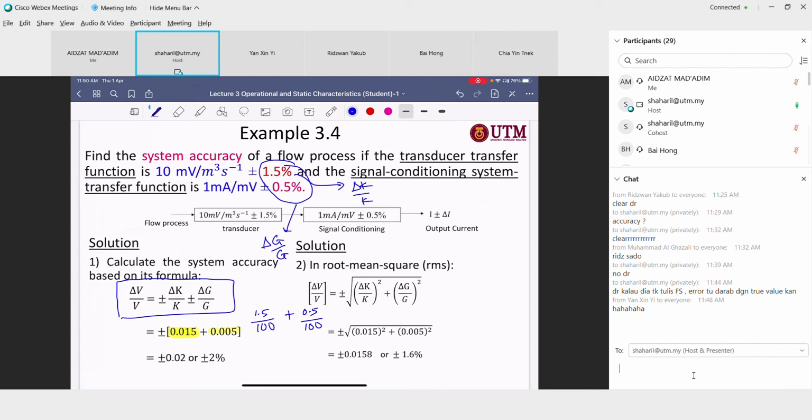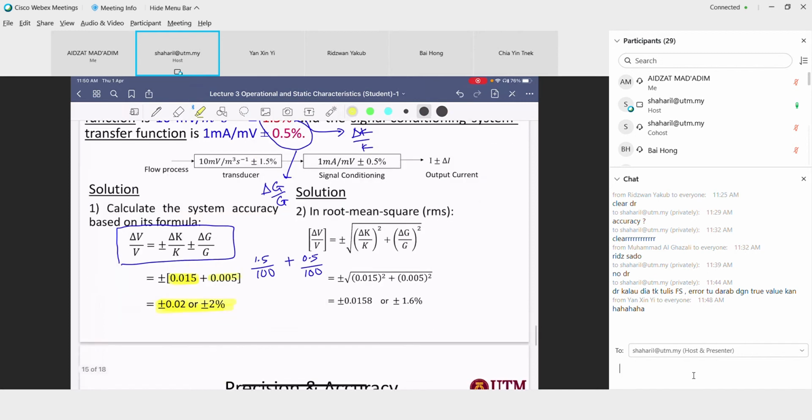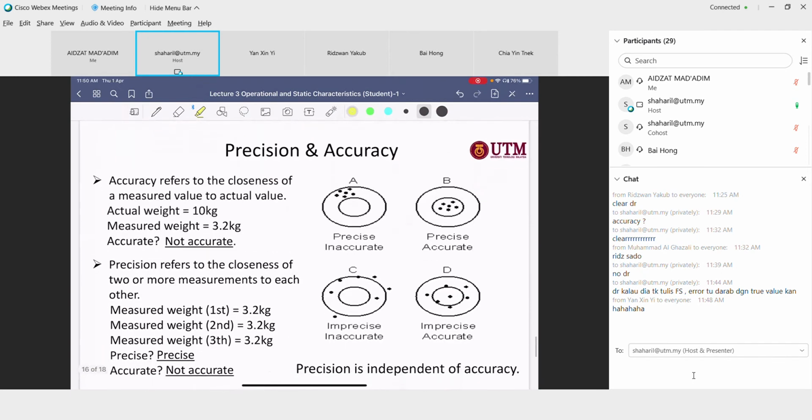Now we get the system accuracy of your system is around 2%. For the root mean square, you can straight away use that formula. I don't want to go into detail on this one.